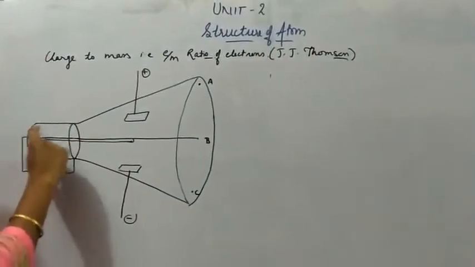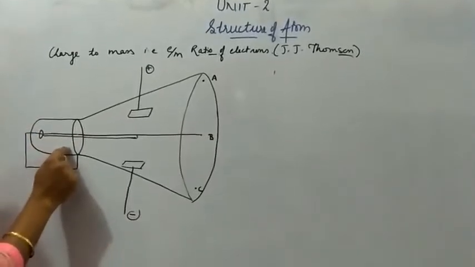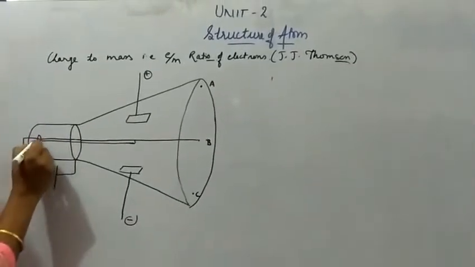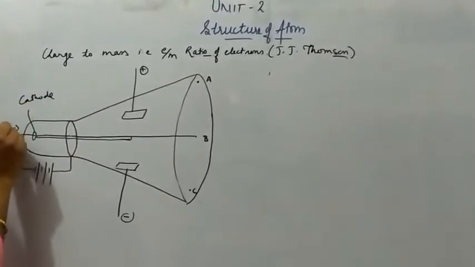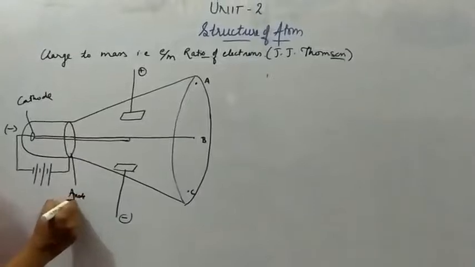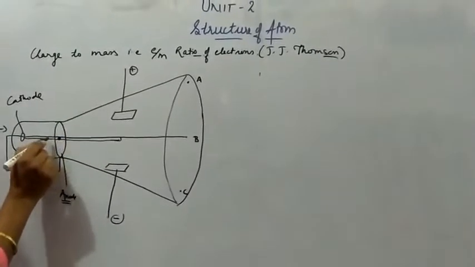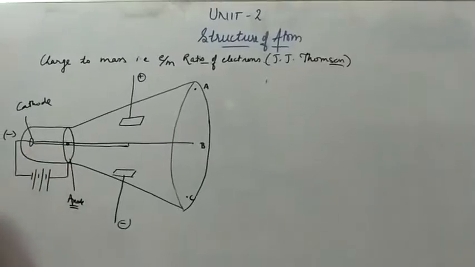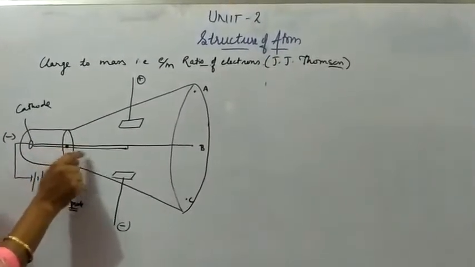Now here we can see that we have got the anode and cathode, right? This is the cathode here connected to the negative terminal, and this is the anode here, right? The anode is perforated, or we can say a hole is there so that the ray can be focused into one point.